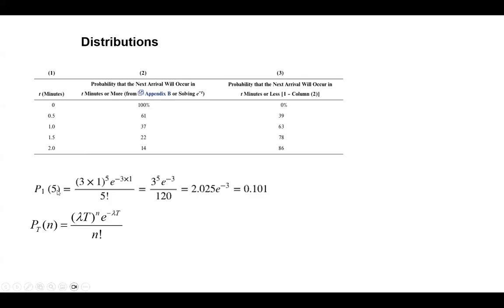So we analyze the probability that in the next minute we have 5 customers. The 0.101 means that in the next 1 minute you may have 5 arrivals with a probability of about 10%. This is how we use the Poisson distribution, focusing on the probabilities of the number of arrivals.